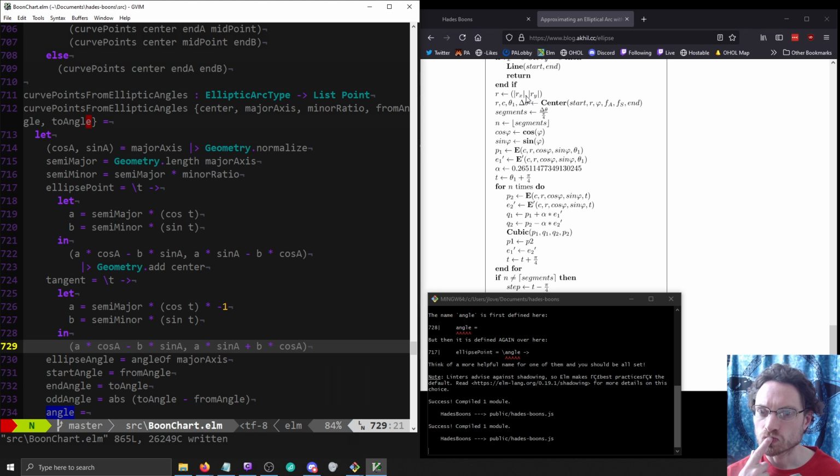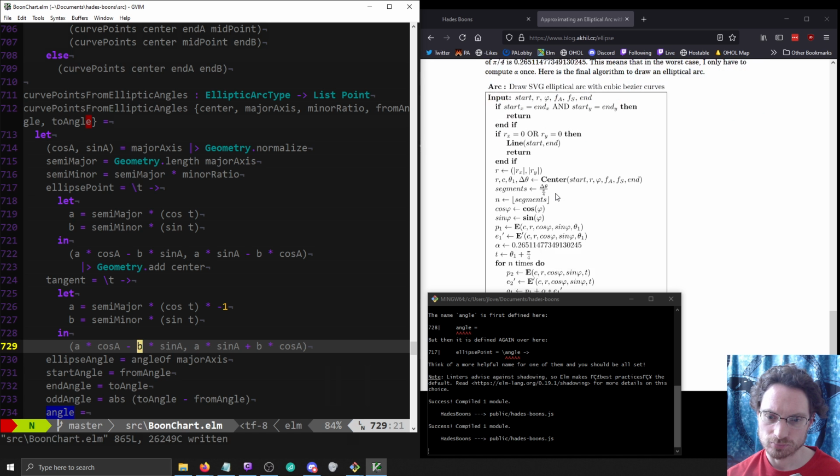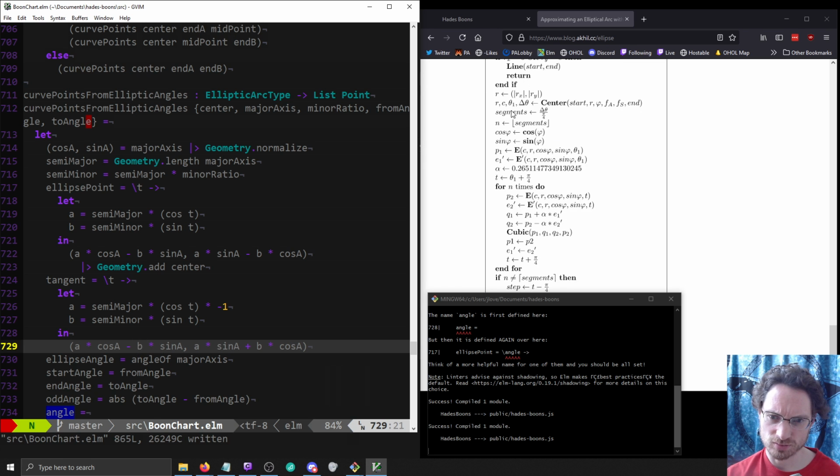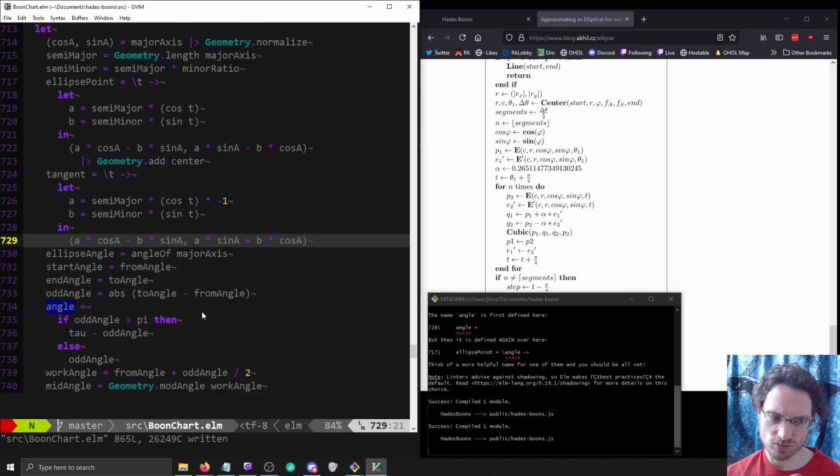Oh, I did a length operation, so that's going to implicitly do the absolute value. Center parameterization from this parameterization. Well, I actually think this angle start and angle end might be closer to what we want. Well, these are two angle deltas, so I'm not sure what that is. That's how many segments you're going to do.